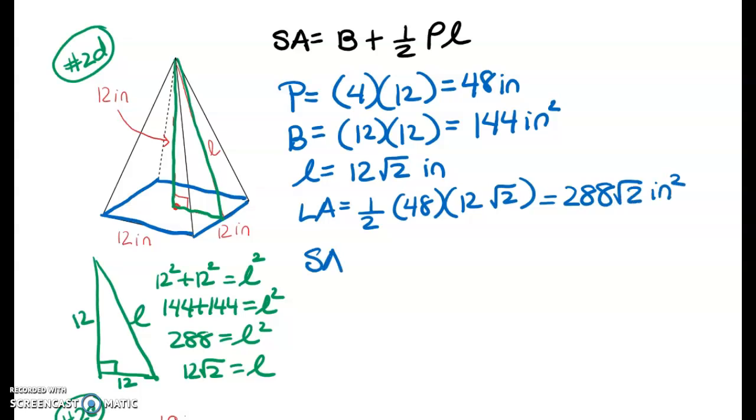And now when I find my surface area, it's just my base, 144 inches squared, plus my lateral area, which is 288 radical 2 inches squared. They are not like terms, so that is my final answer.